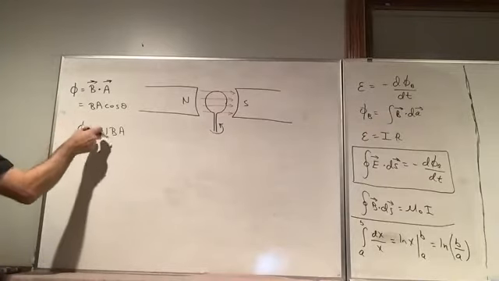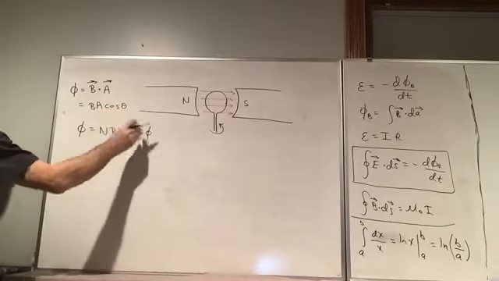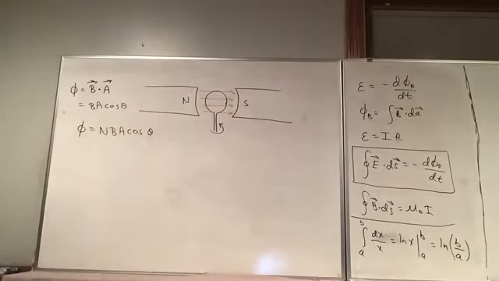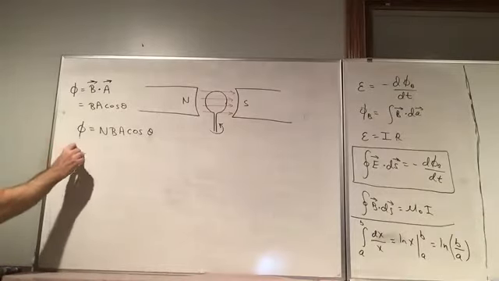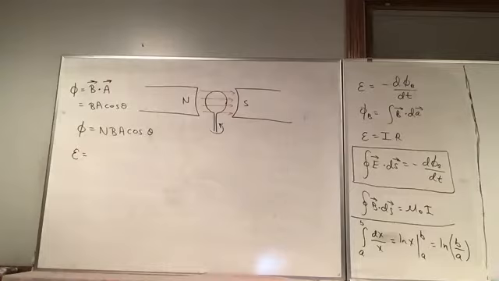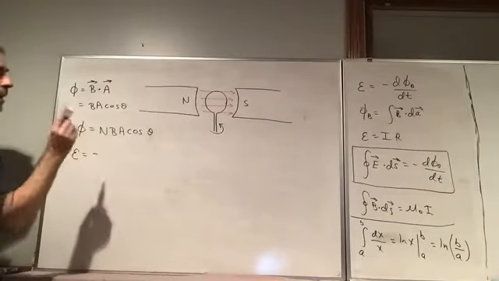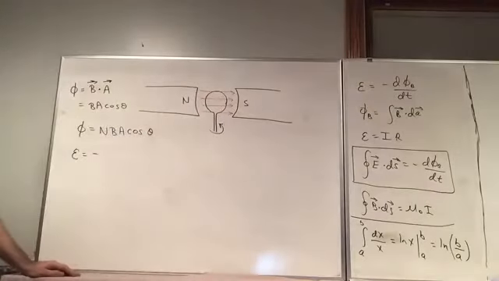So our flux is NBA cosine theta. So let's look at the EMF. It's going to be minus the derivative of this. Now, theta is the angle between the area and the magnetic field, or the normal vector and the magnetic field.